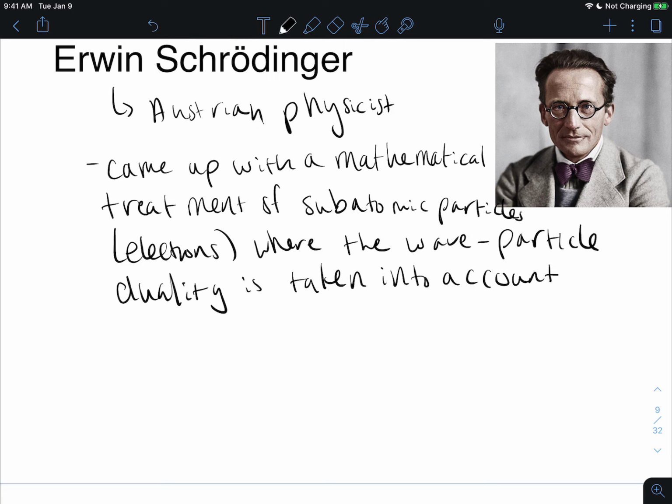And this mathematical treatment is known as quantum mechanics. Okay? And it is the currently accepted approach for dealing with subatomic particles that behave mostly as waves.